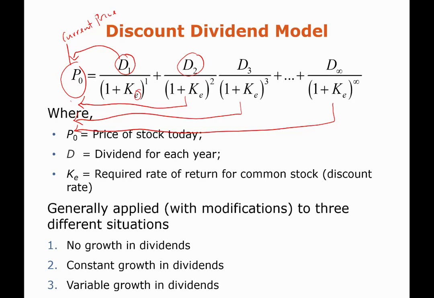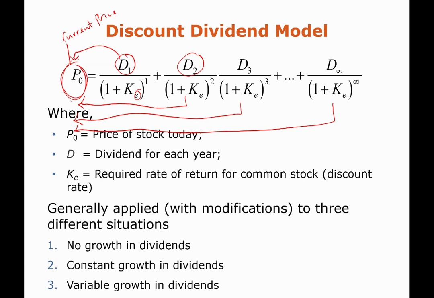D1 represents the dividend in year one, D2 represents the dividend paid in year two, and D3 represents the dividend paid in year three, and so on. So we just discount all the dividends, and what we're doing here is basically determining the present value of all those dividends. So the present value of all those dividends is basically the value of the common stock.